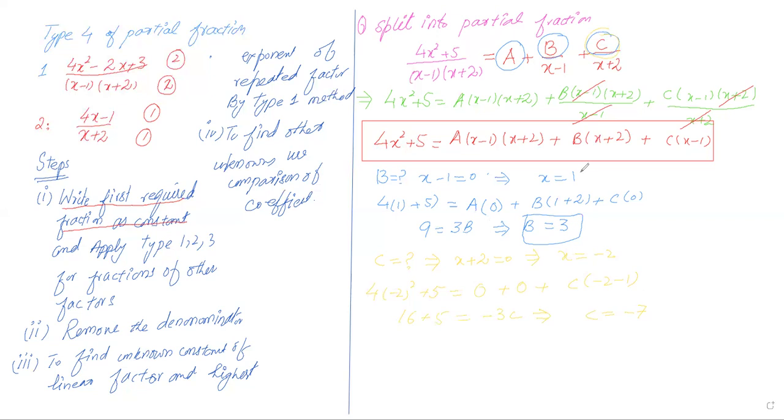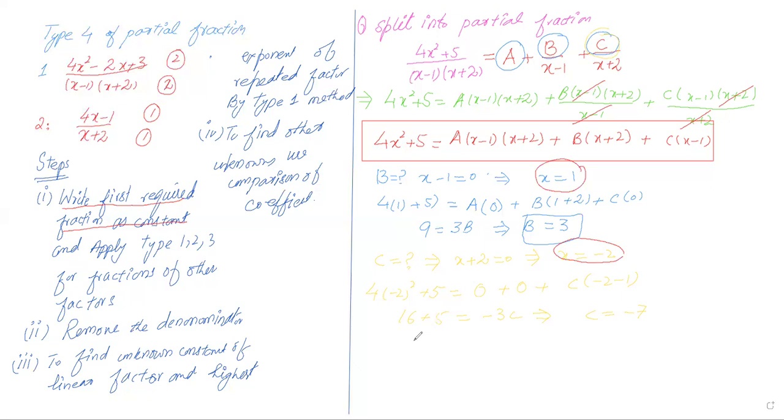I have used X equal to 1, and I have used X equal to -2. So other than these two values, I will put another value of X in this rectangle, and after putting it, I will get another equation involving A, B, and C. With the help of the values, you will get the value of A.